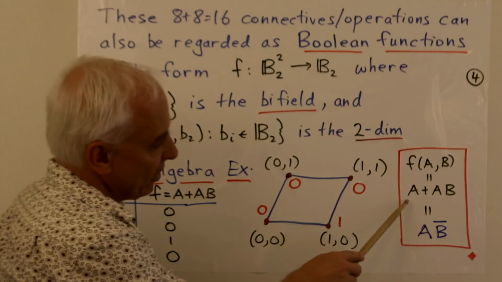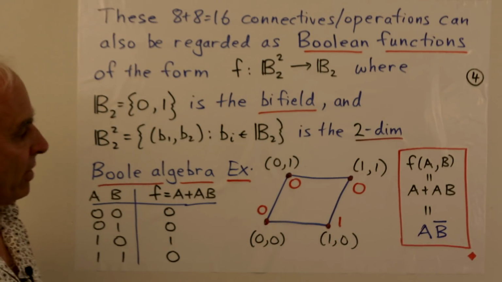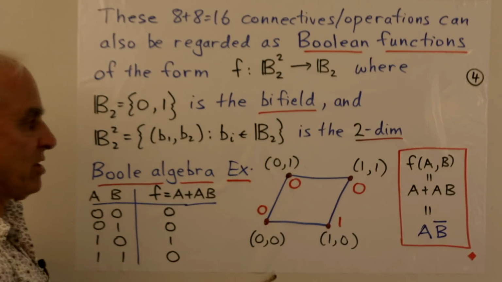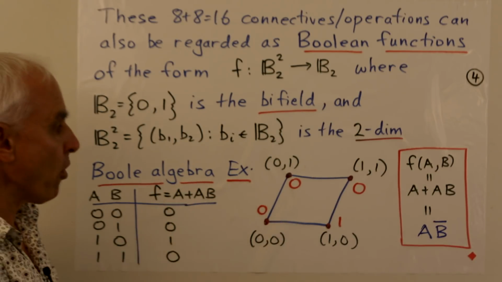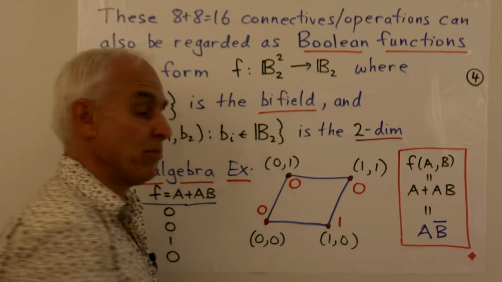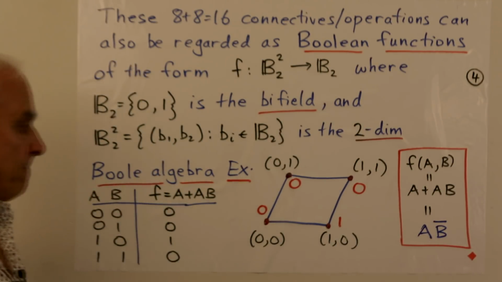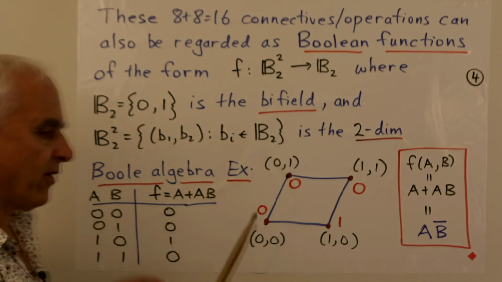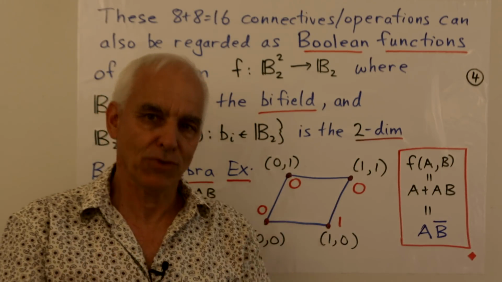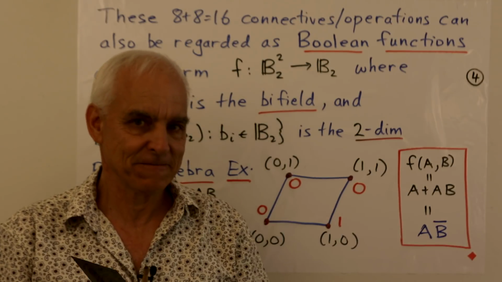And here is the Algebra of Boole expression for this function, sort of the canonical form for it. And here is the Boolean algebra canonical form for it, A times B bar. Okay, so what we want to do is take this and generalize it, extend it.